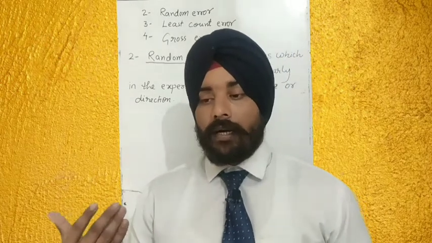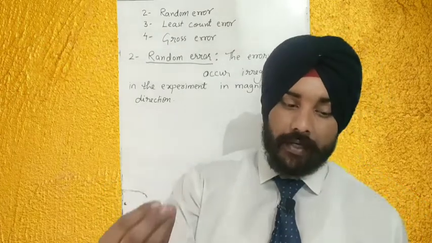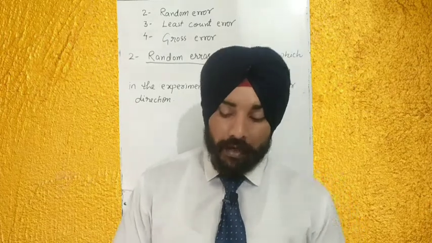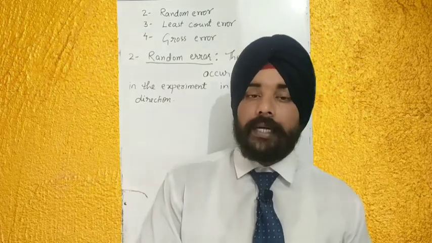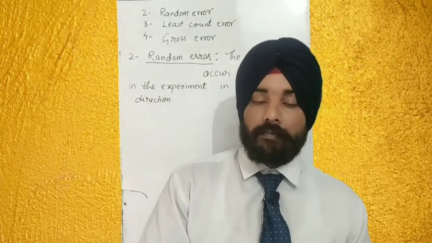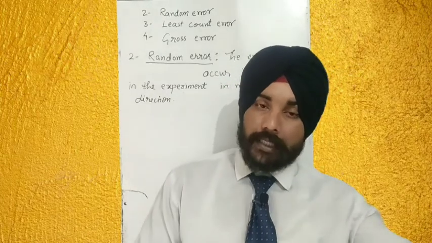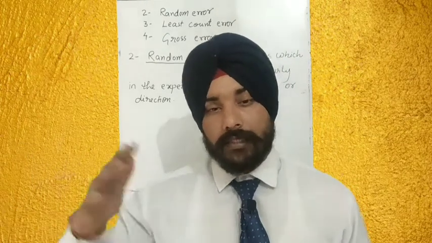I'll explain with an example. Suppose I have given you a convex lens and an optical bench, and you are going to experiment with this optical bench and the same lens. Every time you perform with the same procedure, the same optical bench, the same lens, you will get a different focal length of that lens.